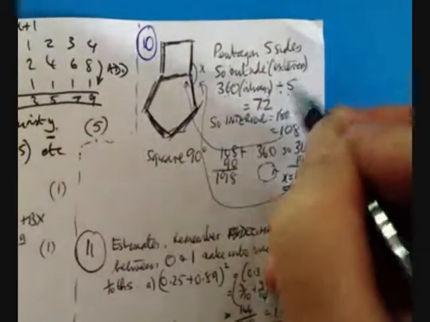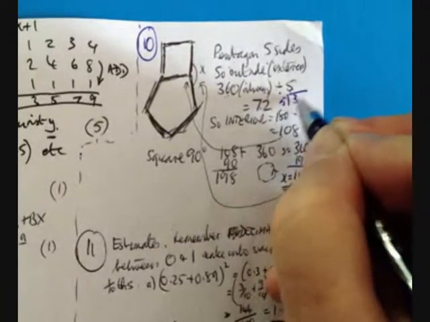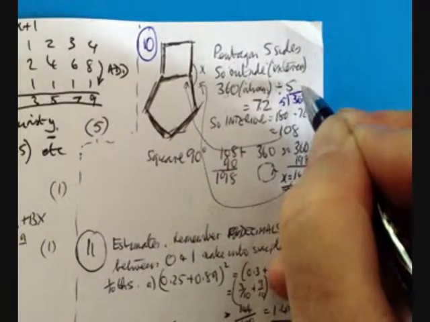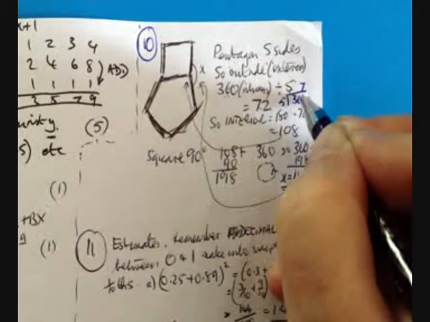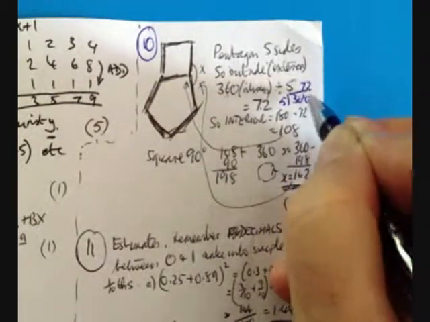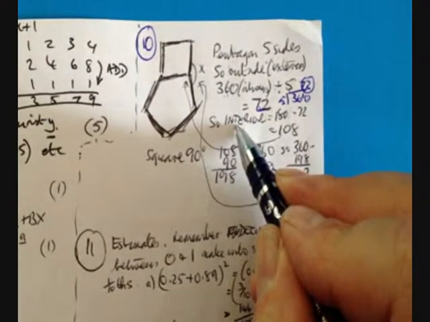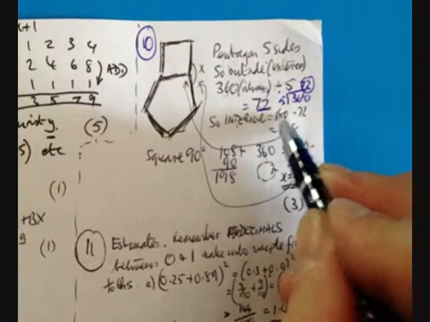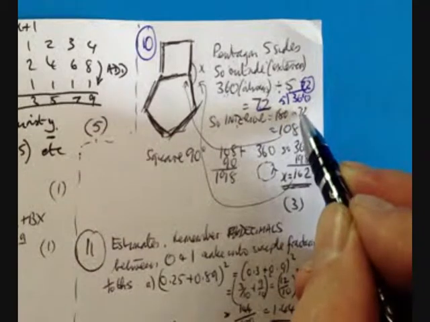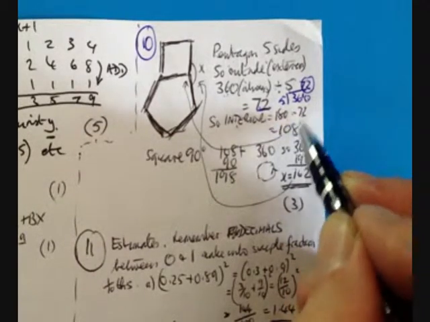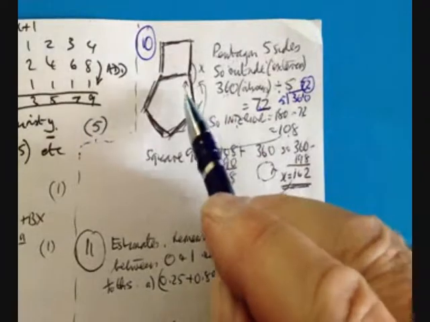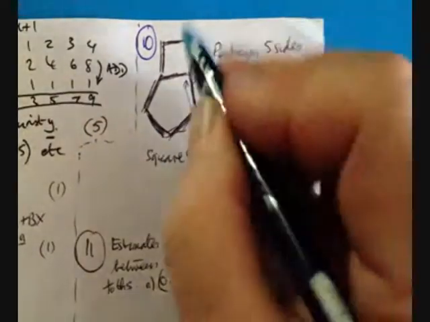If you can't do that, 5s into 36 go 7, 7 5s are 35, remainder 1, 5s into 10 go 2, 72. So the interior angle is 180 minus that, because the interior is 180 minus the exterior. So we've got 108. So that one in there is now 108, we know.